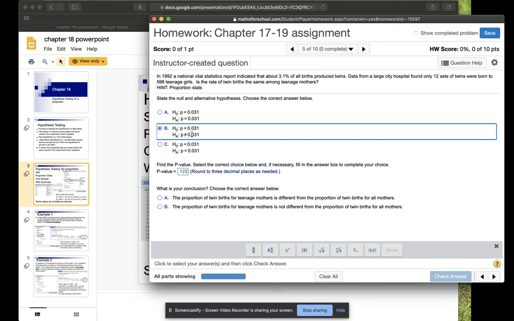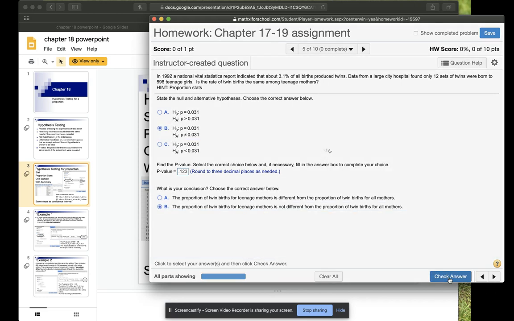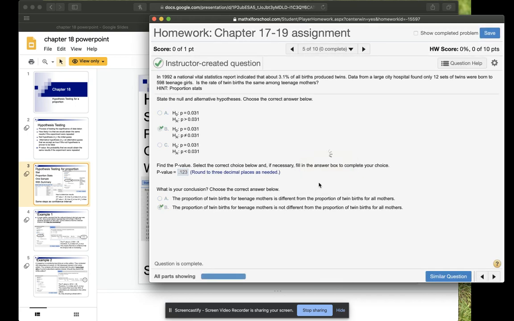We just proved the not equals part is false, so they're the same. Same means not different.